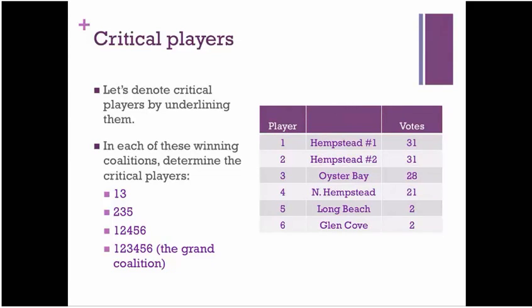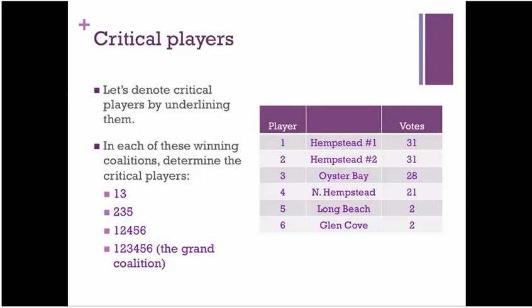Now, what happens if we take out player 2? If we take out player 2, that will leave us with 30 votes, and that's not enough, so player 2 is critical. If we leave out player 3, we'll be left with player 2 and player 5. That will be 33 votes, and again, that's not enough, so player 3 is also critical.